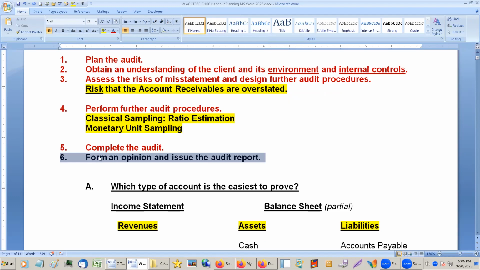After you complete the audit, the very last thing you do is form an opinion. But you need to have this evidence here to form an opinion. So perform further procedures. This is where you get your evidence, and this is what you need to form an opinion.